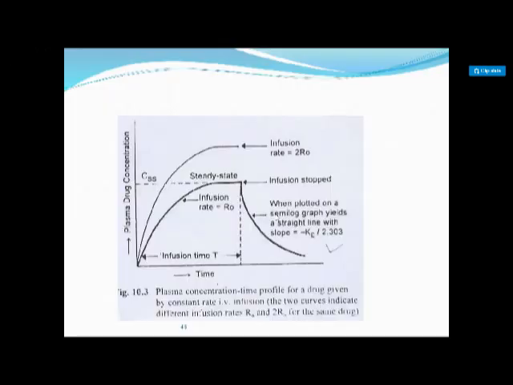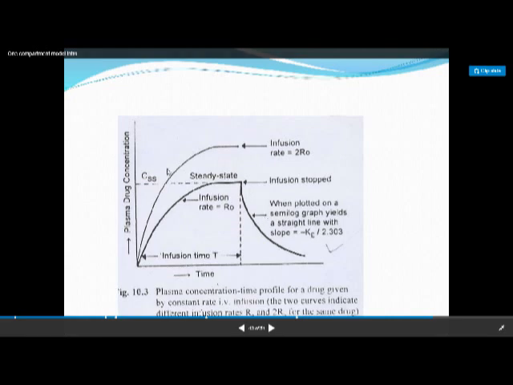Now if you plot the plasma drug concentration versus time, this is the time profile. See, this is the steady state. Here the infusion is stopped. Steady state is achieved, that is the rate of absorption is equal to the rate of elimination, right? This is the R0.